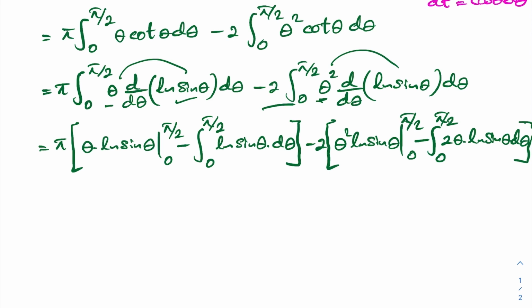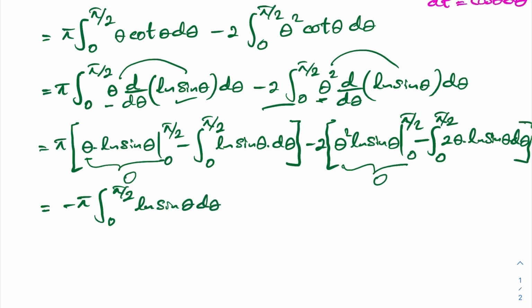Okay, now we can simplify. If we apply pi over 2, sine of pi over 2 is 1, but natural log of 1 is equal to 0, and if we apply the lower limit 0, we get 0, so this part will be 0, and here also 0. So we have minus pi times integral from 0 to pi over 2 of natural log of sine of theta d theta.